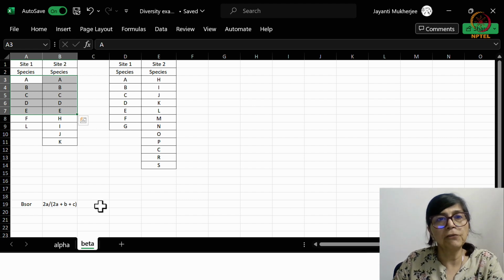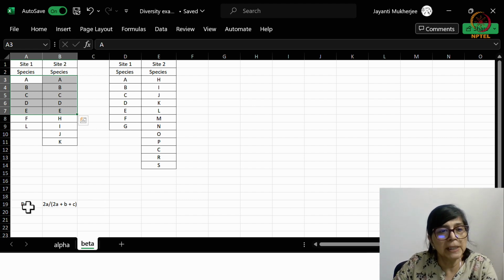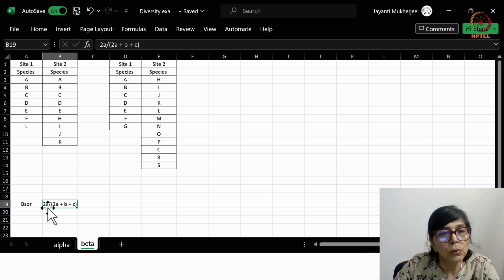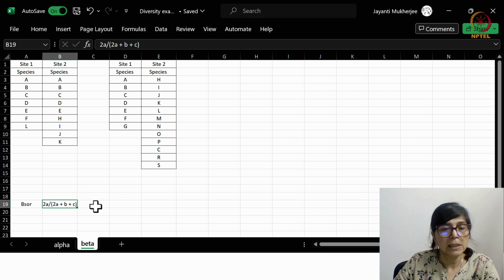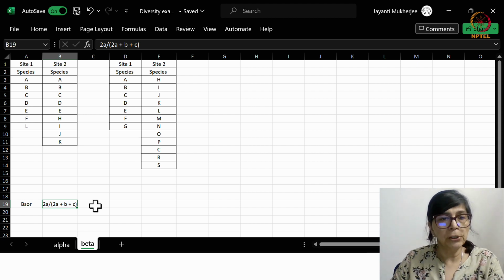So if you remember the formula, what we talked about, beta Sorensen was 2A, where A was the common species between the 2 sites, B was the unique species for site 1, and C is the unique species for site 2.